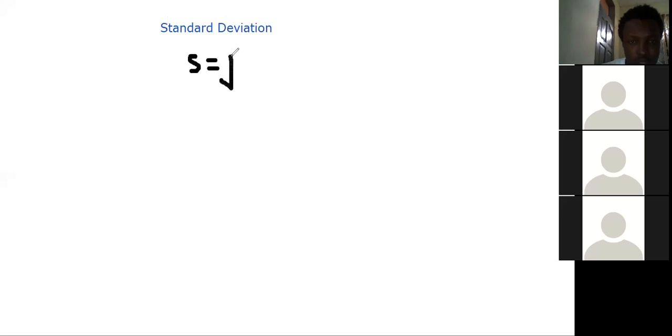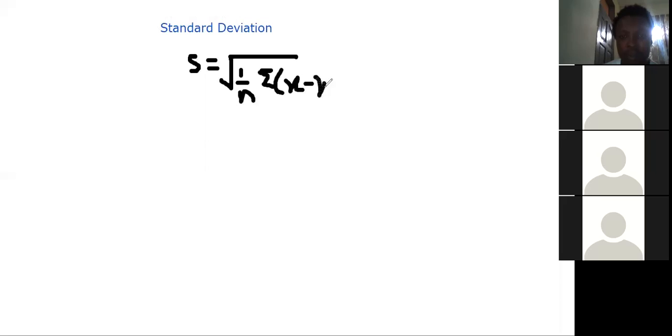s is equal to the square root of 1 all over n times sigma x squared minus x bar squared.